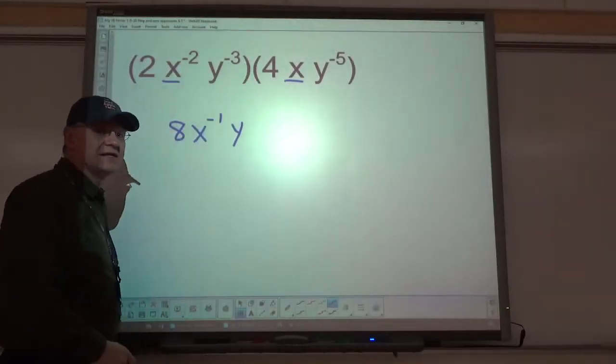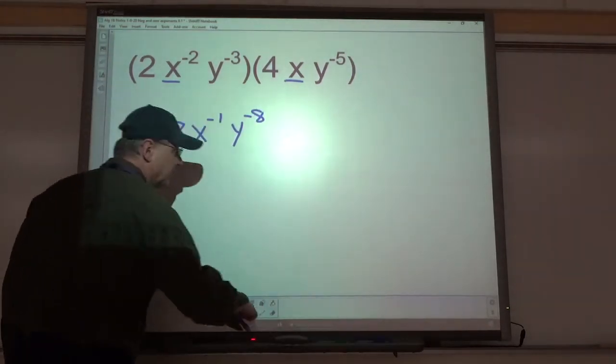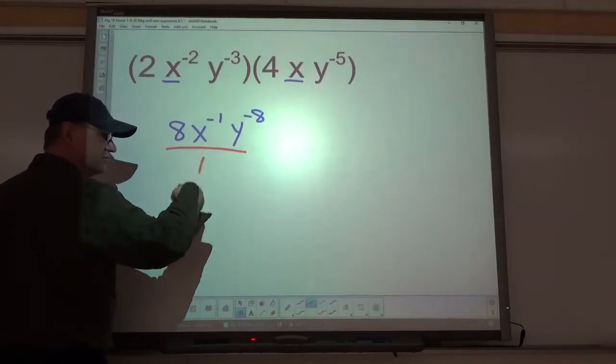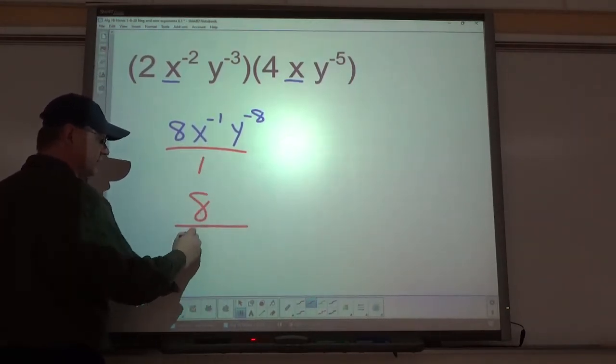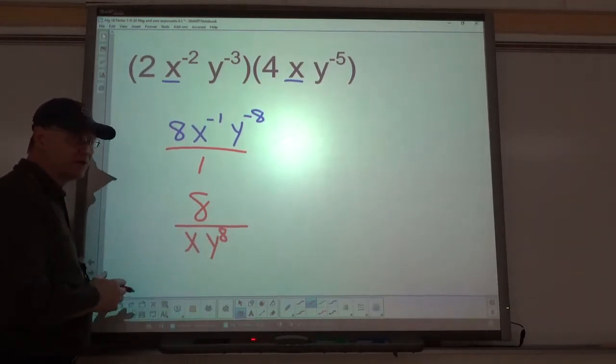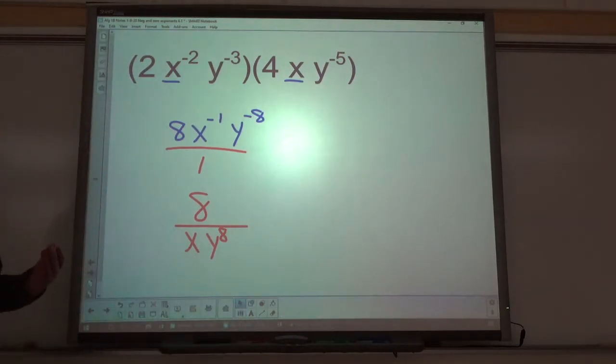Negative 3 plus negative 5? Negative 8. So that ends up, negative exponents move to the other side, 8 over x, y to the 8. I could put a 1 if I like, but I don't have to. So you can see it works either way. Now, it's up to you to decide which way you find easier, because both ways are equivalent in difficulty and ability level.